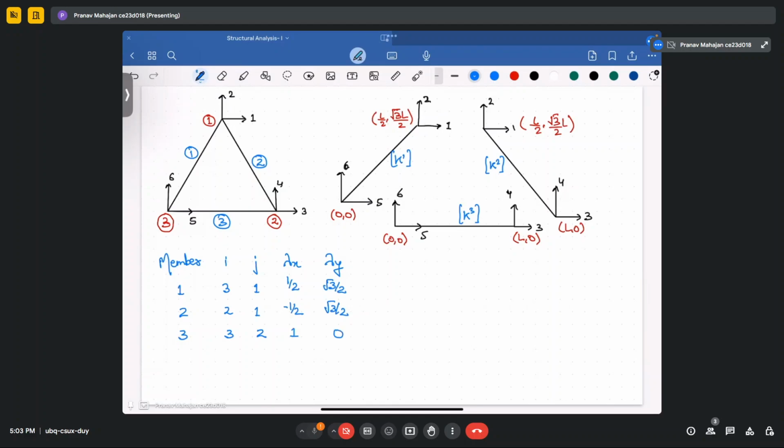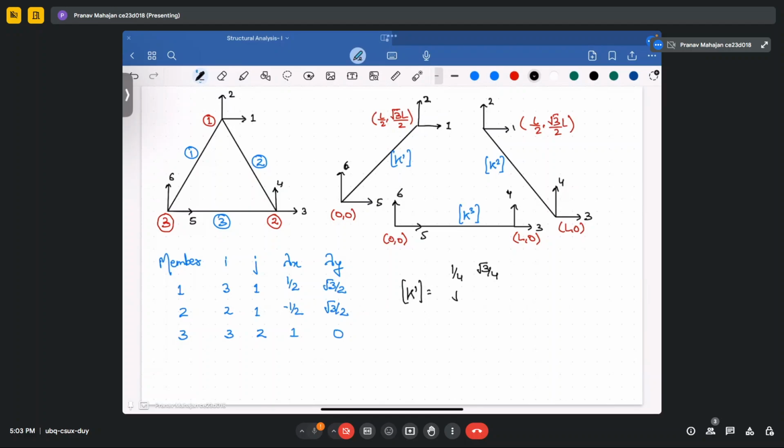Okay, so how will you derive the global matrix for member one? We will write it now. So your K1, we have written it as lambda square. So it will come as 1 by 4, lambda x lambda y, it would be root 3 by 4.